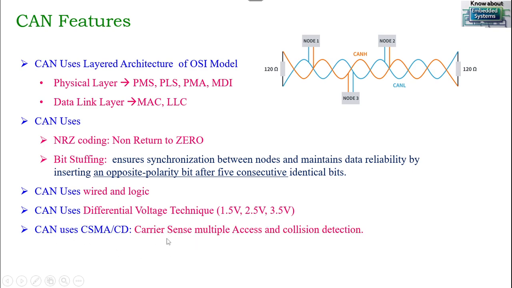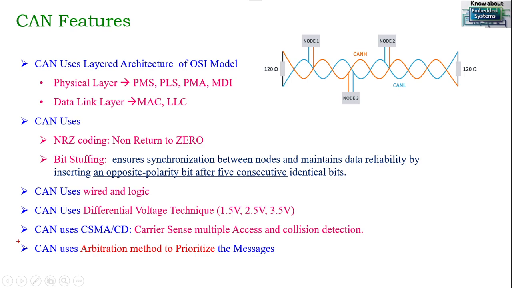And the CAN protocol also uses CSMA/CD, which stands for carrier sense multiple access with collision detection. This also I'll explain in upcoming videos. Finally, the CAN protocol uses a distributed arbitration process in order to prioritize your messages.